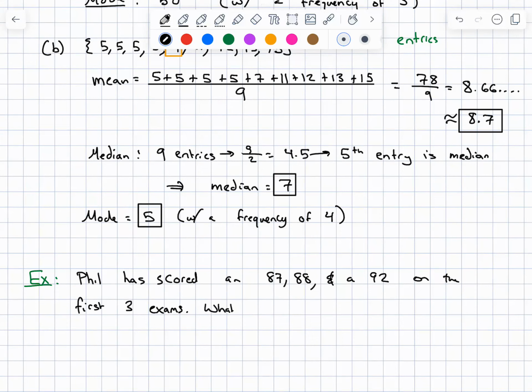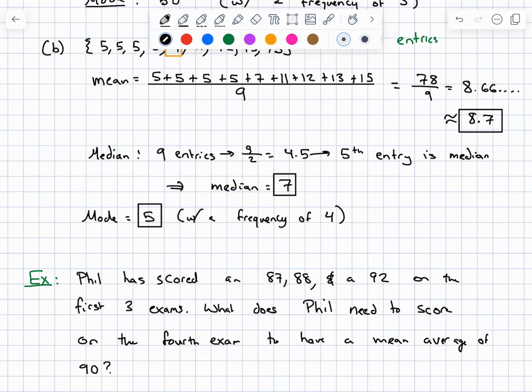What does Phil need to score on the 4th exam to have a mean average of 90? Round to the nearest whole number.